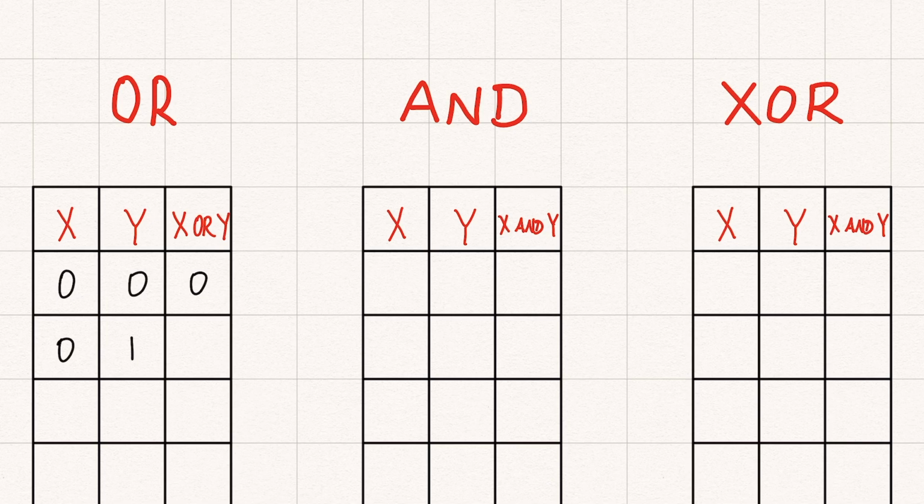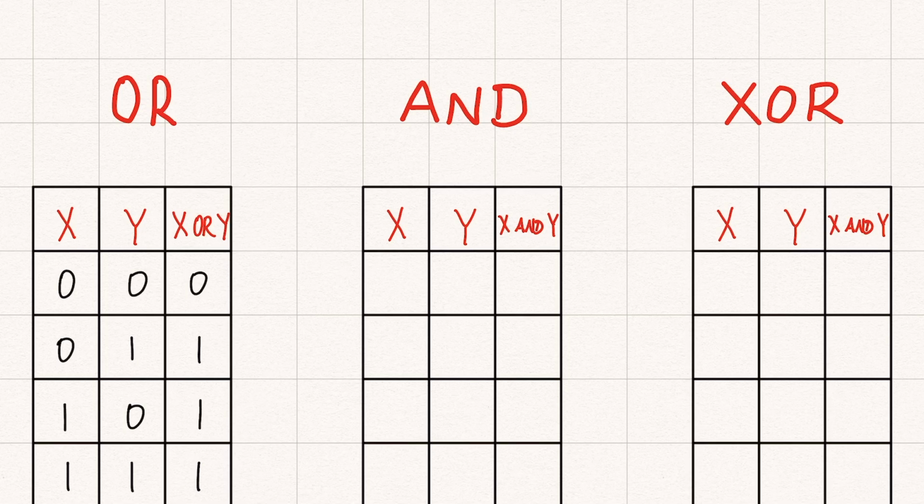Well, since one of the values is 1, namely y, ORing them will give out 1. Likewise, if we have x as 1 and y as 0, then x or y will give out 1. And if x is 1 and y is 1, well, OR includes AND, since x and y are 1, obviously one of them is 1, so x or y will give out 1.